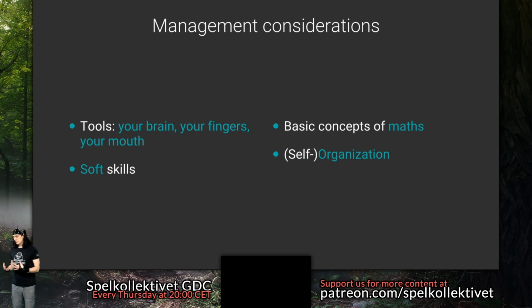A lot of it boils down to soft skills as a person, generally. To be a good manager, and especially a good manager to yourself, you are going to need to be mindful of your own needs, of your own capabilities, and basically know your own limitations.